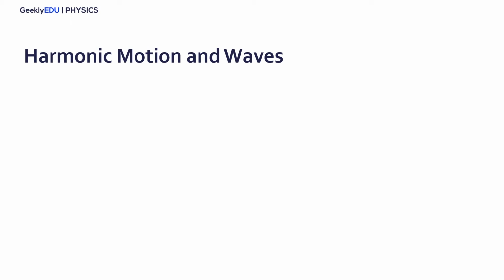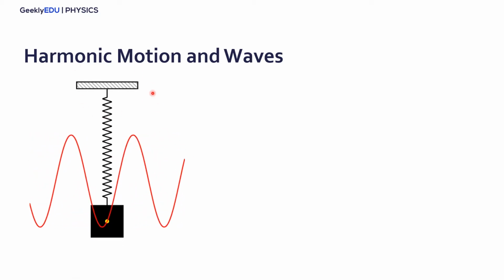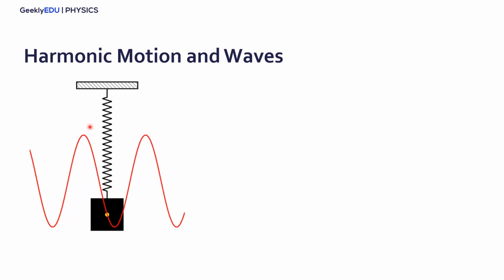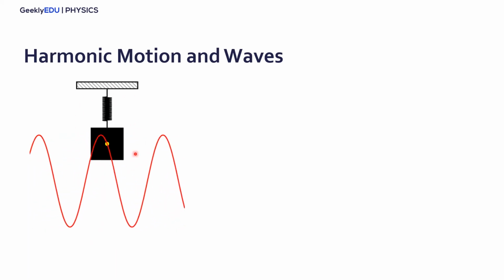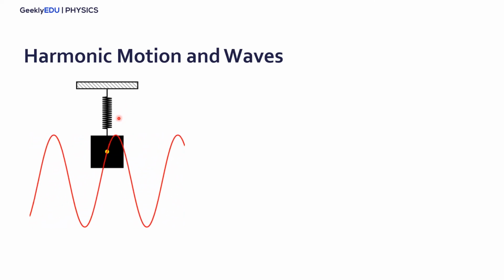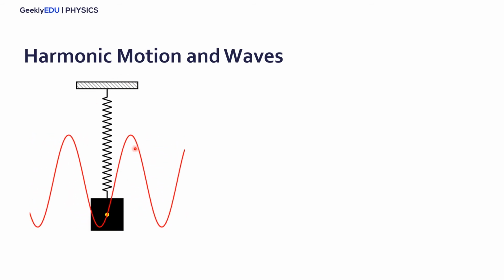Now we can make a relationship between the harmonic motion just seen and waves. Imagine this block attached to a spring. Let's disregard all the other forces; imagine it's just the block and the spring force. If we stretch it and release it, we start a motion like this.